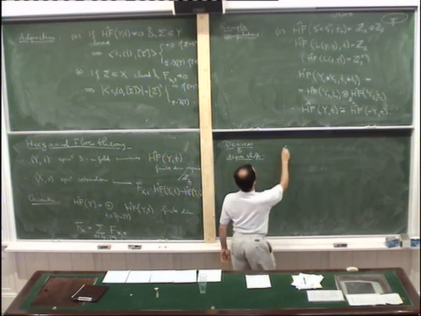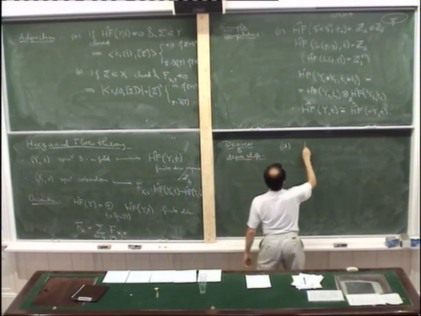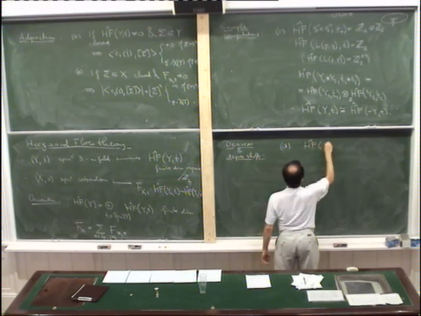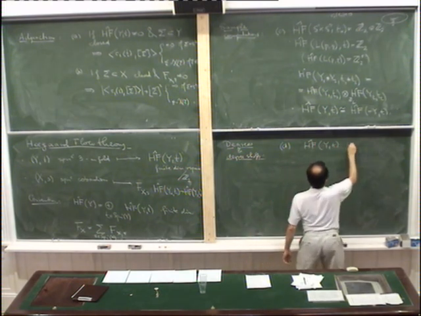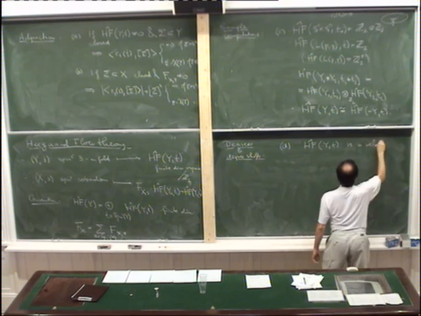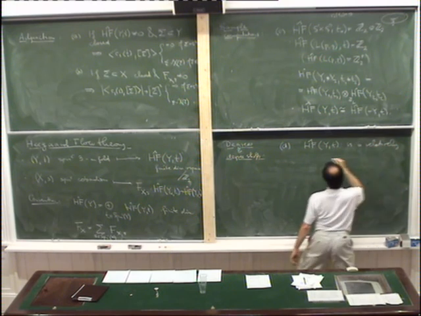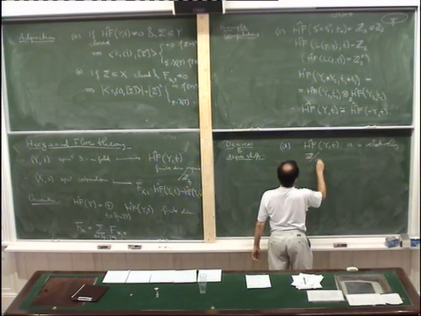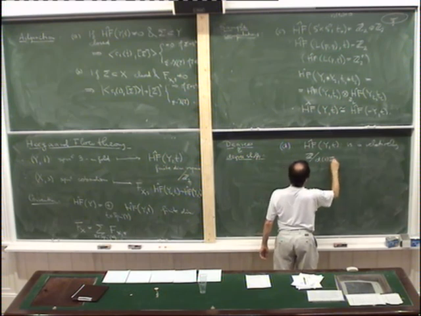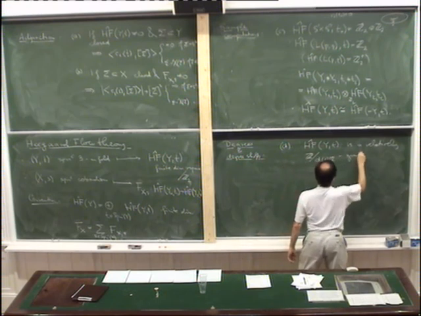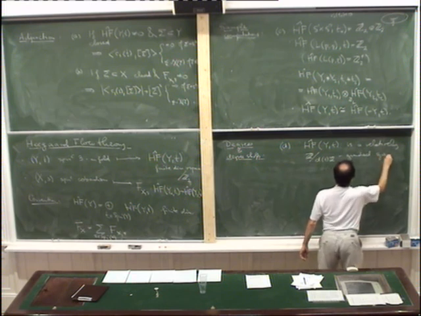So this is D, which says that HF hat of Y,t is a relatively Z over d_t Z graded group.